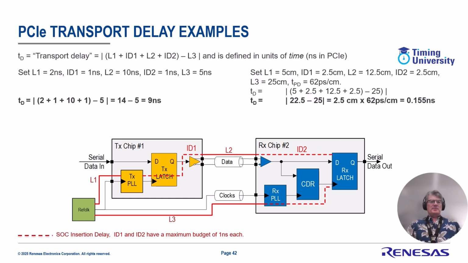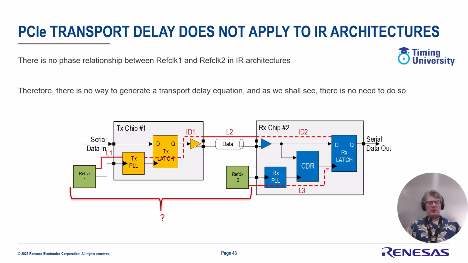Okay, so PCIe transport delay does not apply to IR architectures. The reason is because there is no phase relationship between ref clock 1 and ref clock 2. I could still do this addition if I wanted to for the transmit path, but there's no commonality between these two reference clocks, which means that I can't generate any kind of equation that relates the clock at the receiver latch to the data at the receiver latch from a transport delay viewpoint.